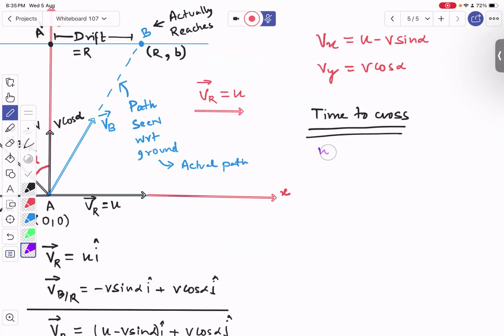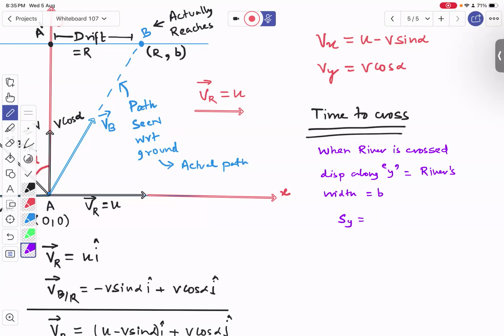Tell me, when the river is crossed, the displacement along the y direction will be equal to the river width, or not? And the river width we have taken as d. So what will the displacement along y be?